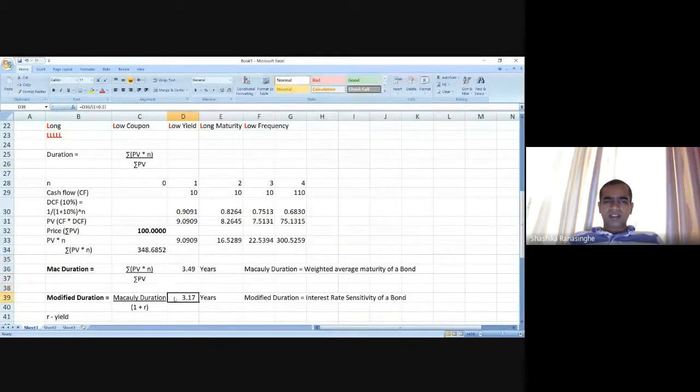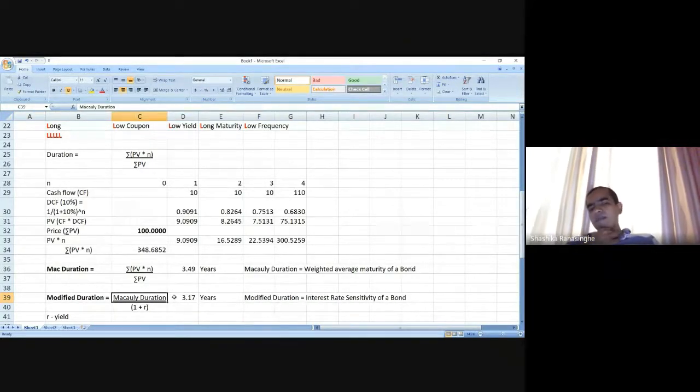If the maturity and the Macaulay duration are 3.49 for a zero coupon bond, modified duration is 3.17. Understood? So a zero coupon bond that has the same interest rate sensitivity will have a maturity of 3.49. Is that clear?